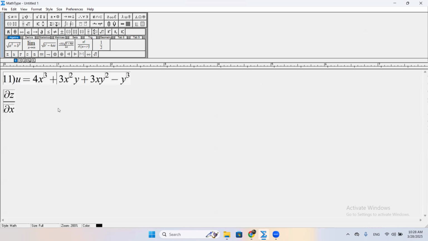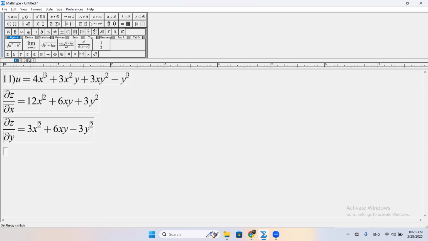So dz by dx equals 12x squared plus 6xy plus 3y squared, and that's it. dz by dy equals 3x squared plus 6xy minus 3y squared.